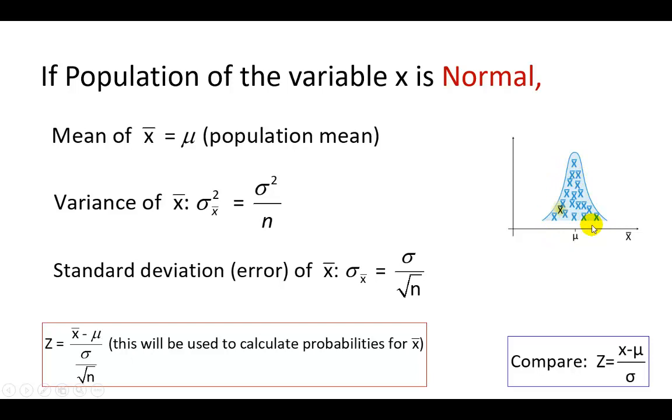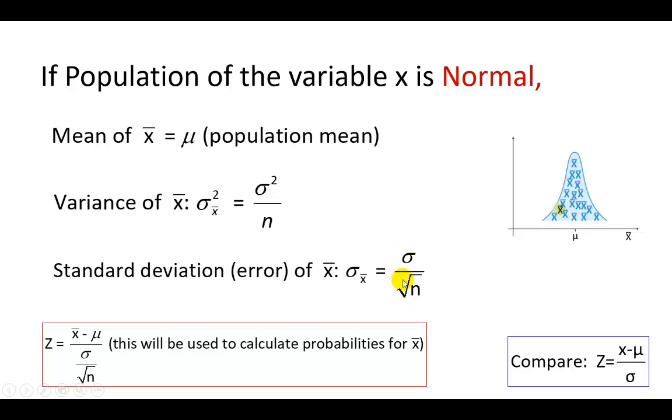Second would be the parameters of that distribution, and we have now confirmed that the mean of x bar would be the center, the population mean, and the standard deviation, which determines the tightness of the distribution, is the ratio of the population standard deviation and the square root of the sample size.